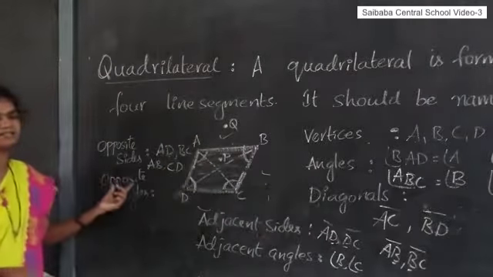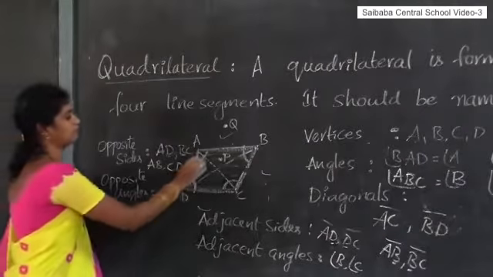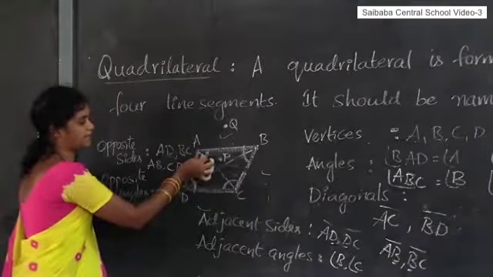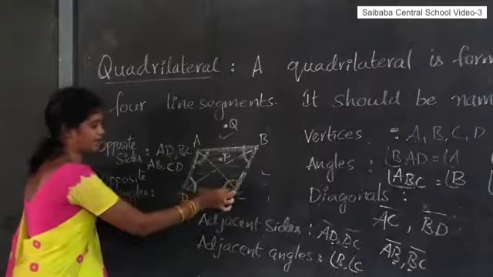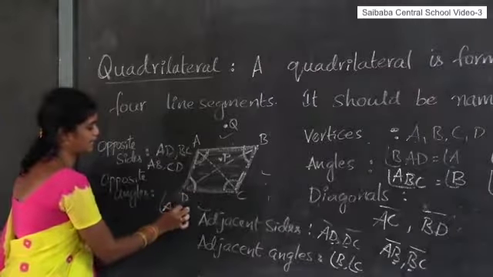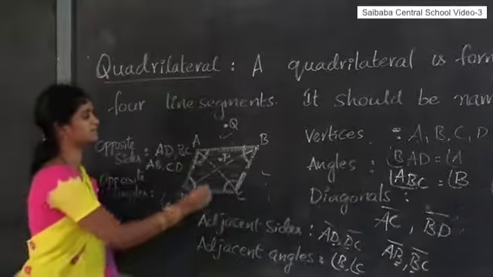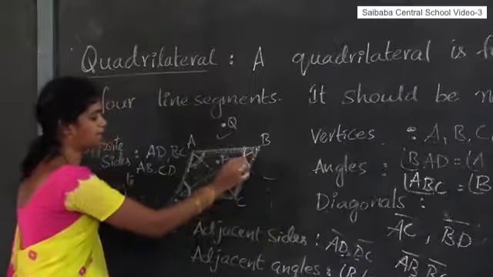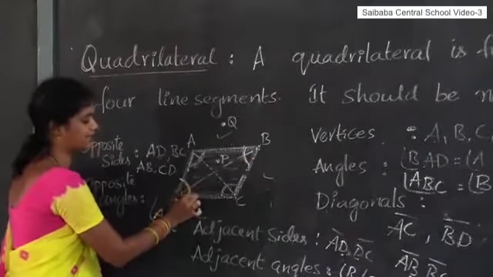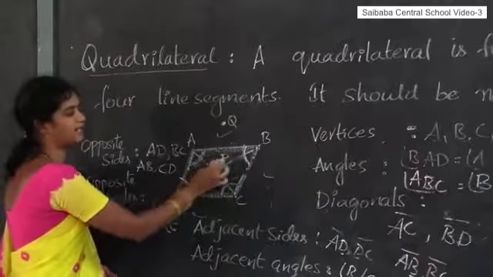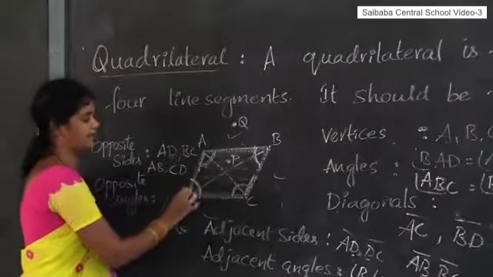Next one, opposite angles. If you take angle A, its opposite angle is angle C. So angle A, angle C are opposite angles. If you consider angle B, its opposite angle is D. So B and D are opposite angles.